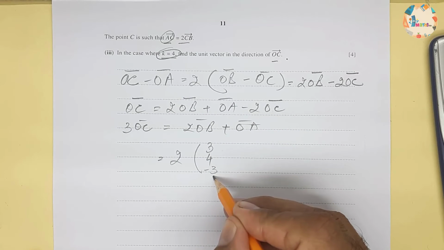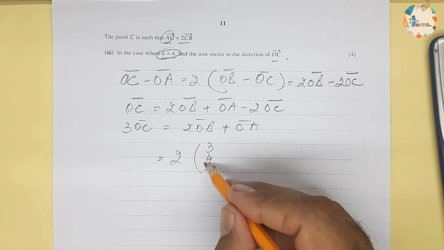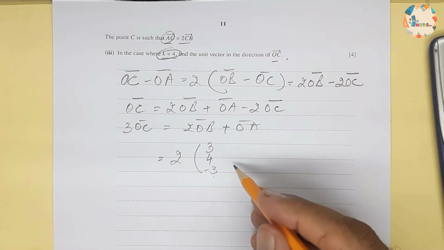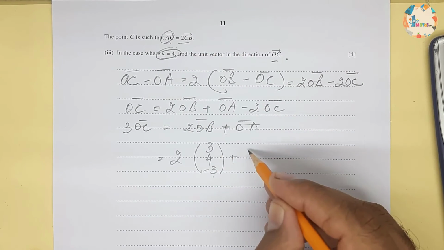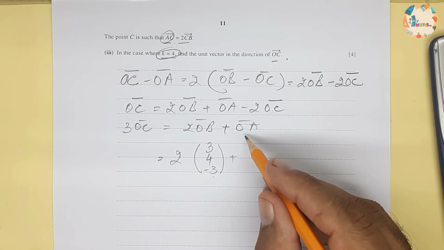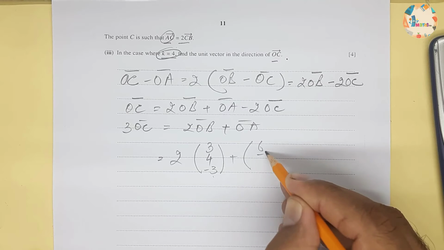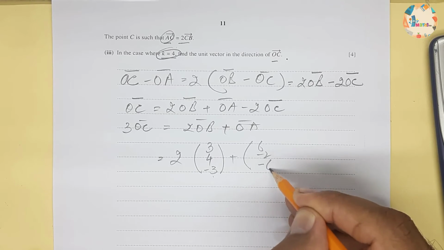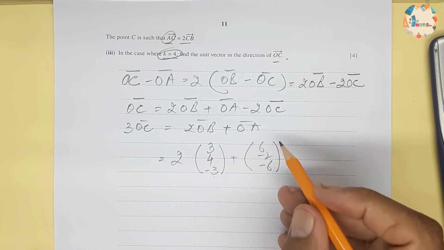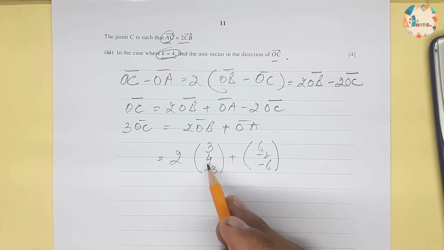The 3 and minus 3 are provided in the main question, and this k value is given in this part. Plus OA is also provided in the main question, which is 6, minus 2 and minus 6. So these are the values which we have taken from the main question and the k value from here.